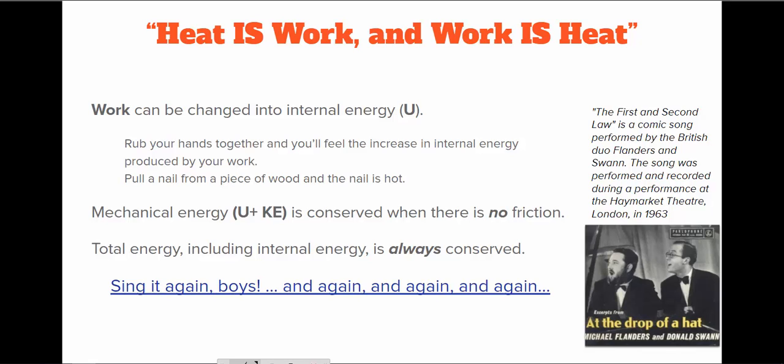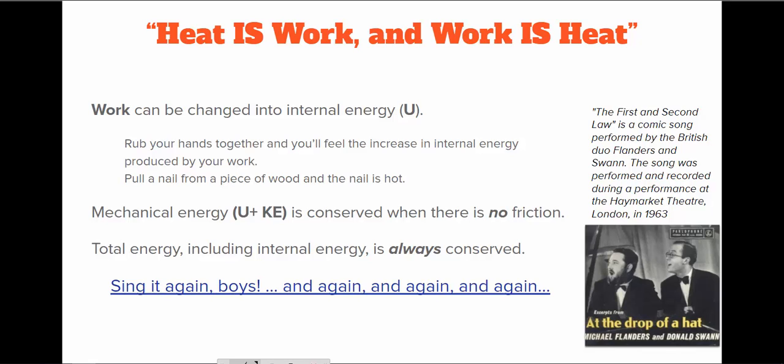So, for example, a good example of using heat to do work or work creating heat is you can just rub your hands together, right? If you rub your hands together, that creates friction, and that friction increases the temperature of your hands. And so you're doing work, you're applying force over a distance. That's work, and you're creating heat.